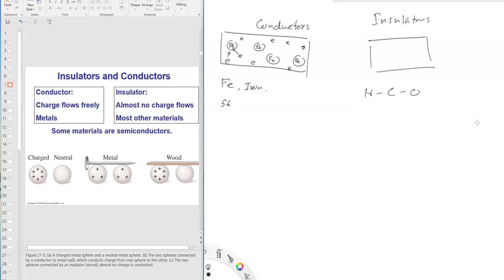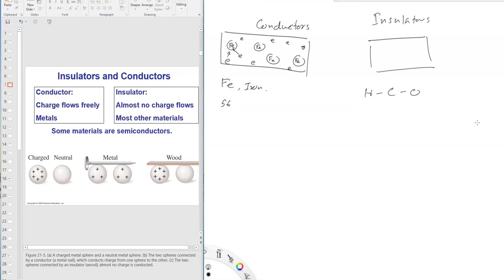The particular bond between these atoms, hydrogen, carbon, oxygen, they don't allow electrons that much freedom. They're very confined, right? Strong attractions. So the electrons do not have much freedom to move, almost no charge flow. So we say these kind of things are insulators.